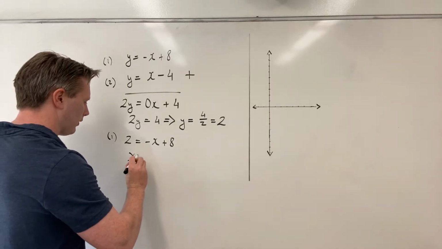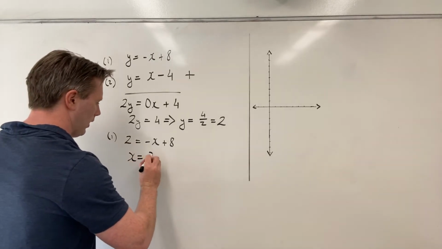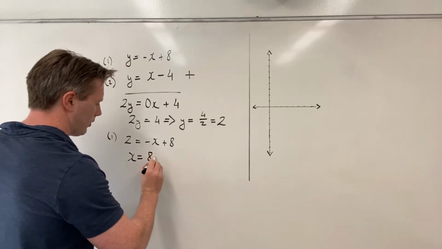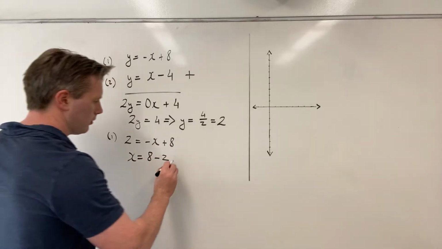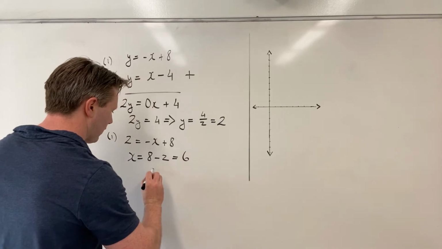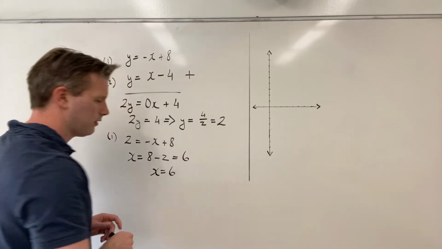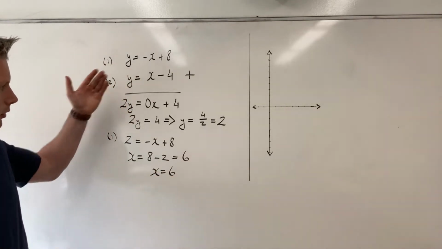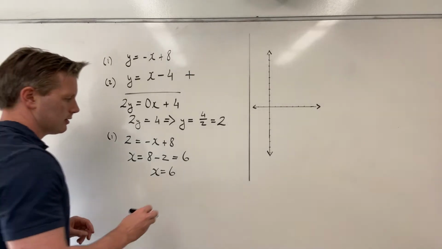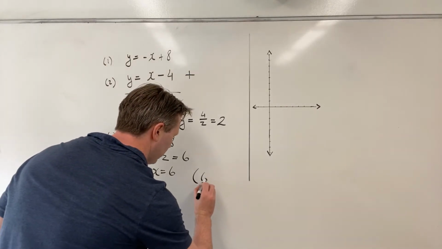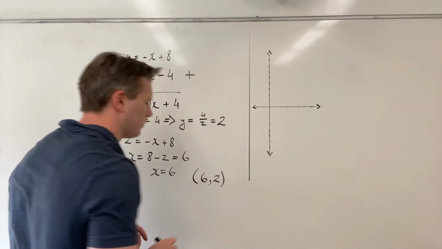And so I get x is equal to 8 minus 2, that's 6. And so I have that x is equal to 6. And so the solution to this system of equations is therefore (6, 2).